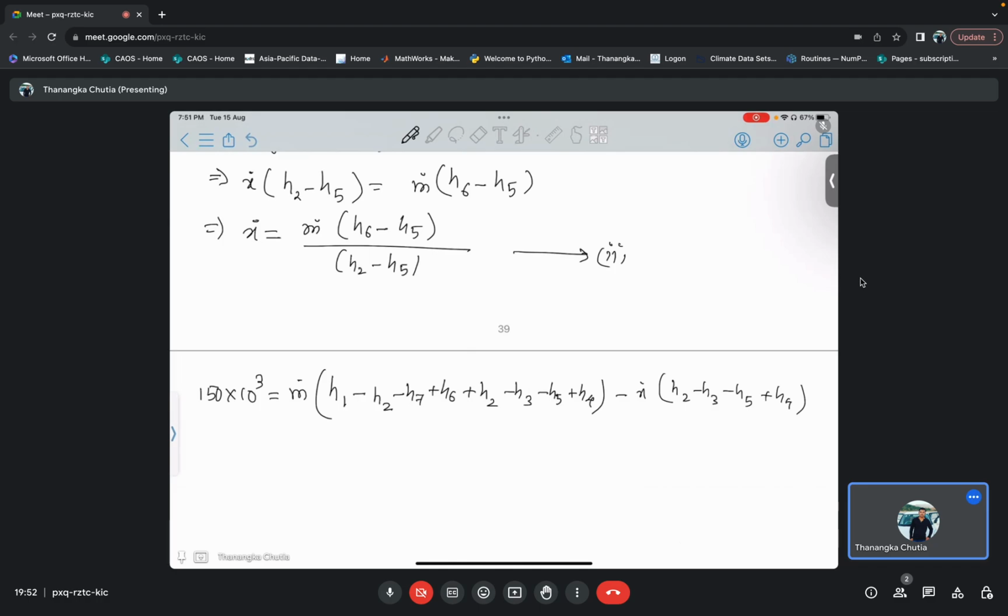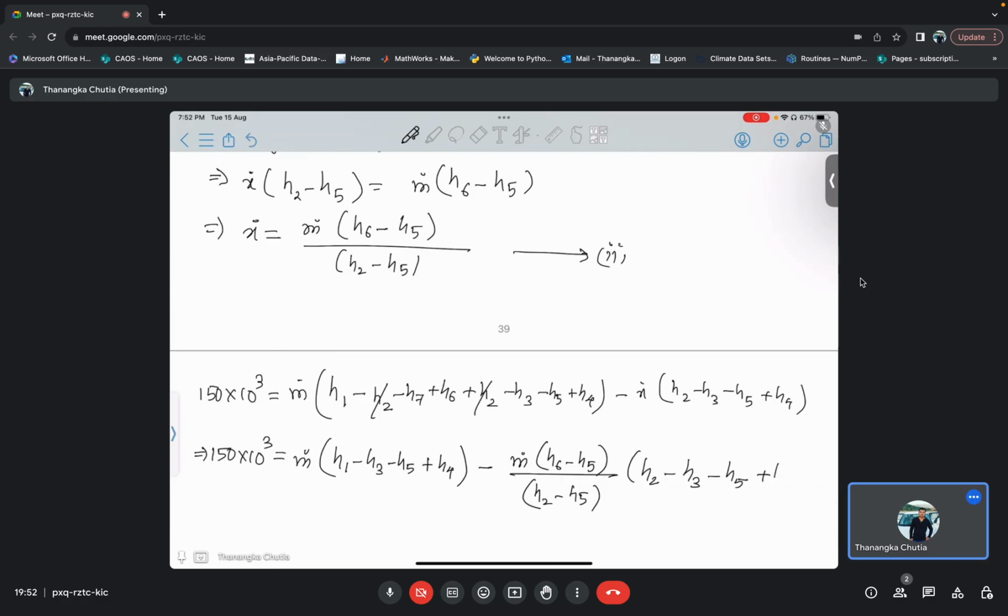H1, H2, H2 gone, so 150 into 10 to the power 3 will be equal to m dot into H1 minus H3 minus H5 plus H4, and this x dot I can write as m dot times H6 minus H5 by H2 minus H5 times H2 minus H3 minus H5 plus H4.